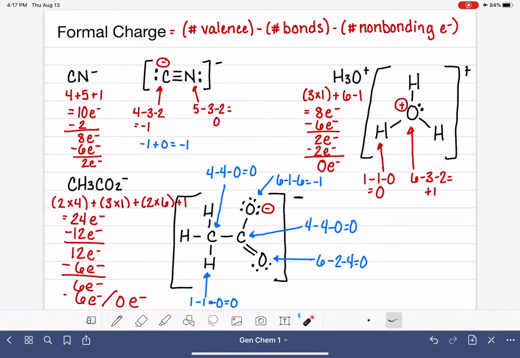Then the next thing that we should look at is, is there any way to get rid of this? Well, obviously there isn't, because the compound has a negative charge, which means we have to have a negative formal charge somewhere. But let's just imagine we weren't sure if this was the best place to put it.